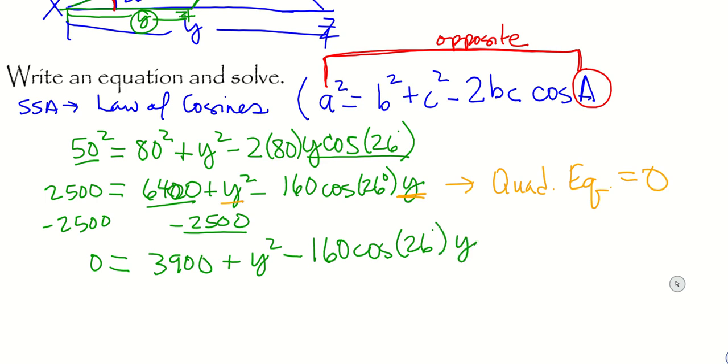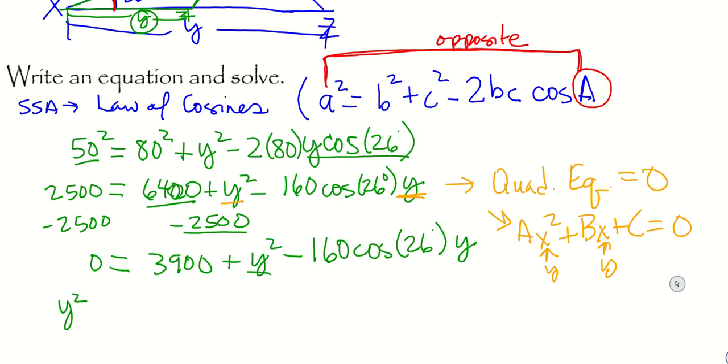I like quadratic equations to be in the form of ax squared plus bx plus c equals 0. Now in this case, my variable is y instead of x. And I'm going to rearrange this equation so it looks like this. So I'm going to write my y squared term first. So I've got y squared.